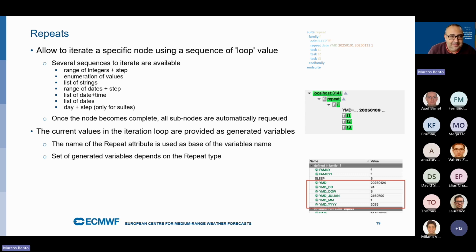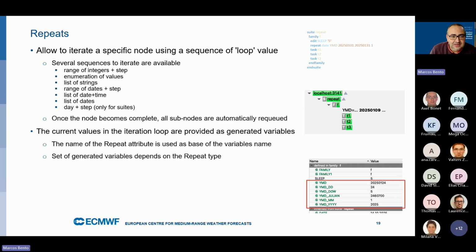generated values. For example, here, if I create a repeat for family F, a repeat that is a date, and I call it YMD, because that's a name that we like to use at the center. And you say from the 1st of January to the 31st of January every day.